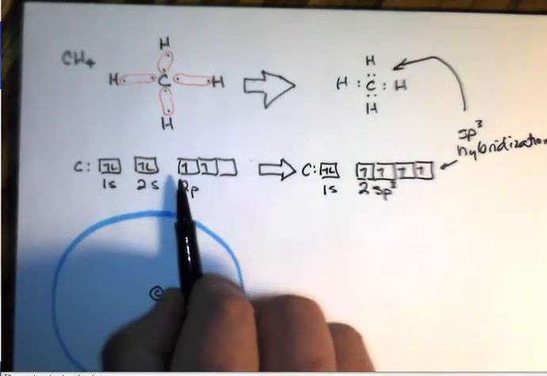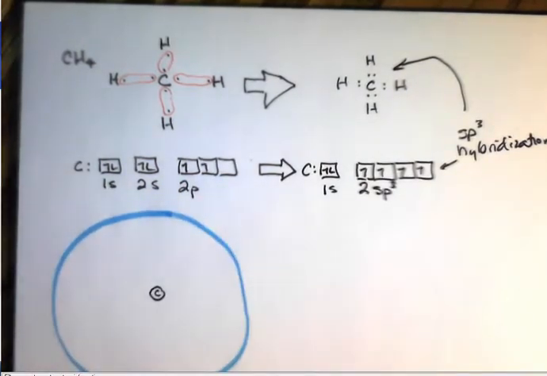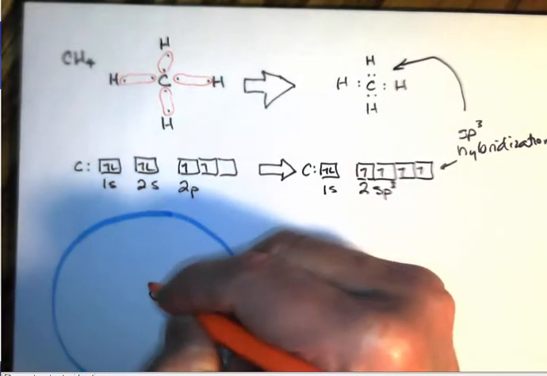And the 3 p orbitals were sort of double balloon shapes, we said.